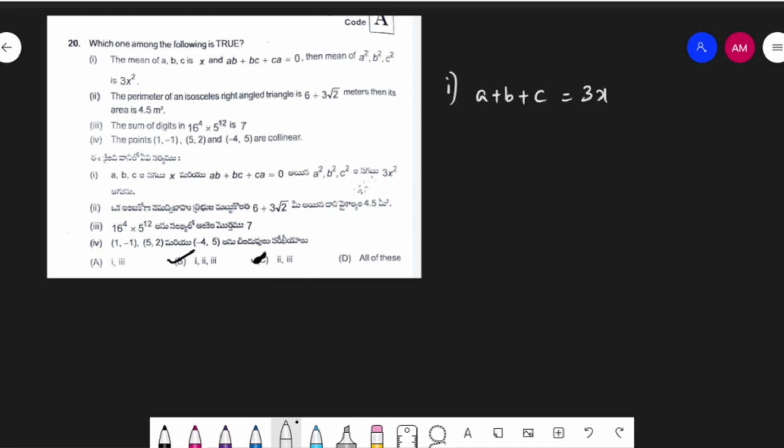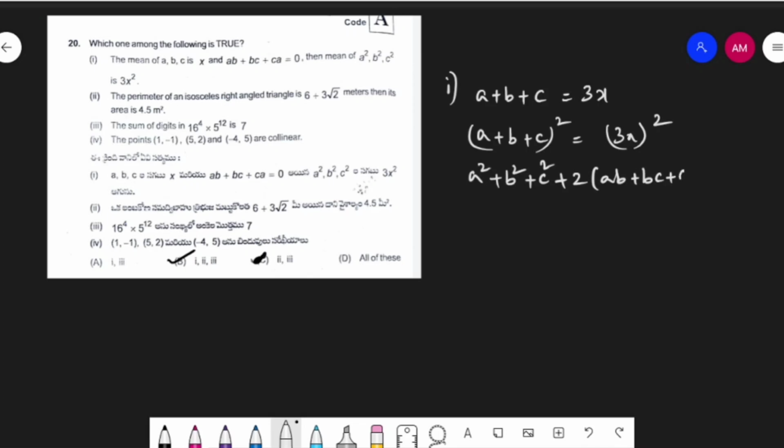In order to get a square, b square, c square sum, let us find a plus b plus c whole square, squaring on both sides. So it will be 3x whole square. So a square plus b square plus c square plus 2 into ab plus bc plus ca, the expansion of a plus b plus c whole square, it will be 9x square. So what is this value? They gave it as 0.